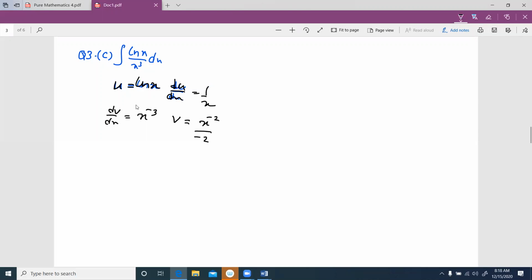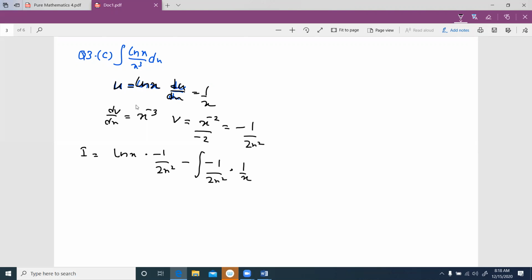Then we can say I is equal to uv. u is ln x, v, if you simplify this, turns up to minus 1 over 2x squared. Minus 1 over 2x squared minus the integration of v du by dx. du by dx is 1 over x.